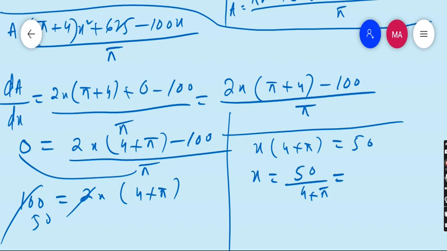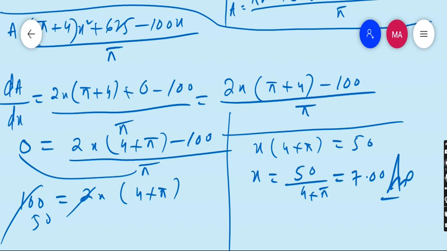What is the final answer? 7.00. You can check from your calculator.